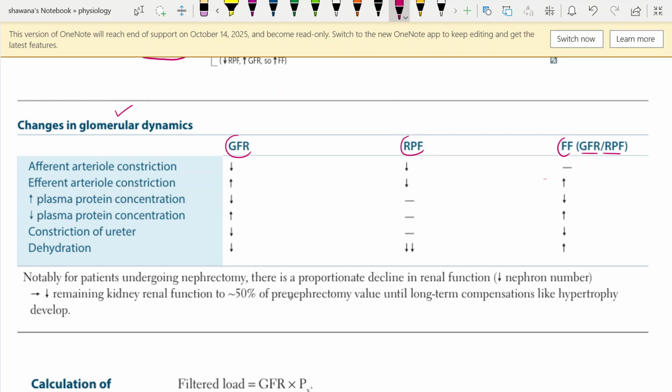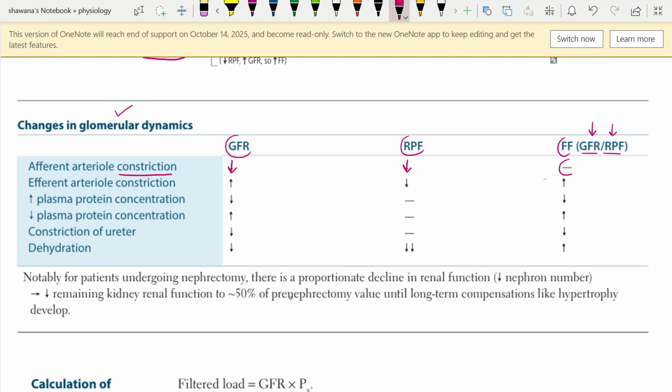If the afferent arterioles are constricted, it means that the renal plasma flow is decreased, less plasma is coming towards the afferent arteriole, and the GFR would be decreased automatically. So what about the filtration fraction? Will it decrease also? No, because both components, the numerator as well as the denominator, are decreasing, so there will be no change in the filtration fraction.